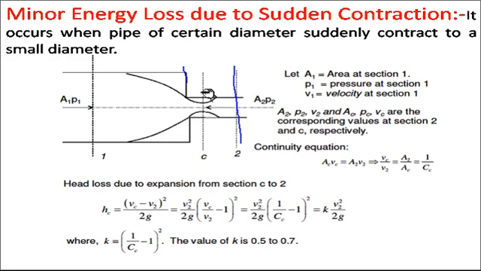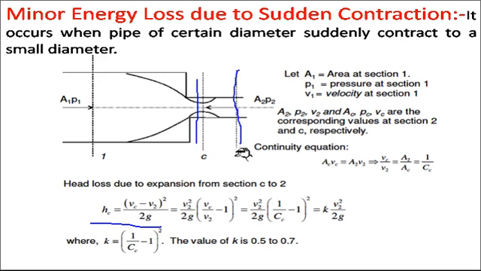Now as discussed earlier, from C to 2 it is the case of sudden expansion. We have the equation of sudden expansion, and the loss due to the sudden expansion between section C and 2 is given by (Vc minus V2) whole square upon 2g, because at Vc we have the maximum velocity and at V2 we have the minimum velocity.